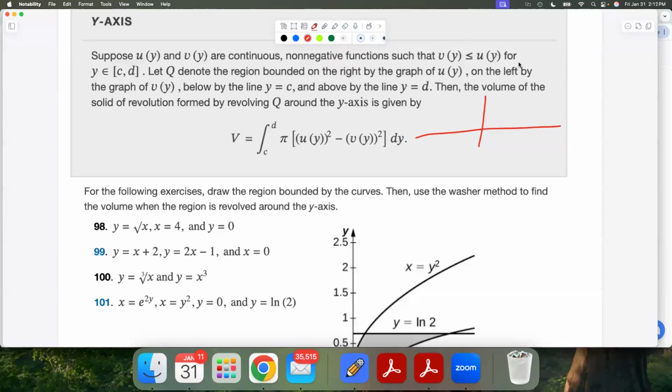So I'll have some u here, and then I'll have some v that's closer in. Maybe it looks like that. And then we're going to have some limits here, c to d on the y-axis. So we're going to have some region that looks like this, rotated around like this.